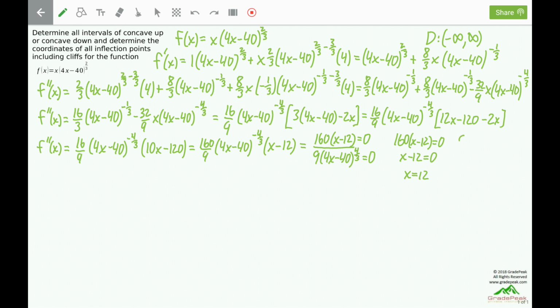Now, the denominator, 9 times 4x minus 40 to the 4/3 equals 0. We can divide both sides by a 9, so 4x minus 40 to the 4/3 equals 0. And now we can raise both sides to the reciprocal of 4/3, which is 3/4.